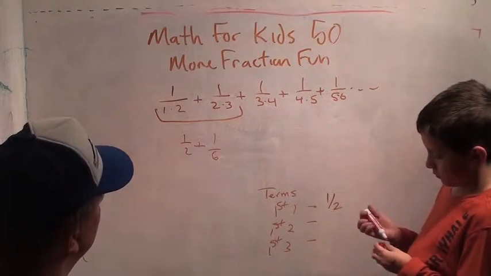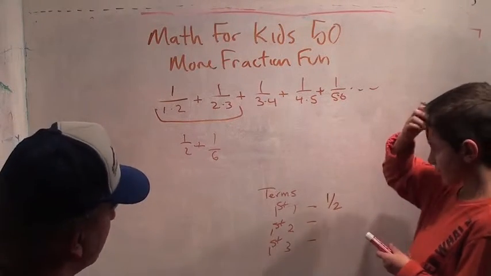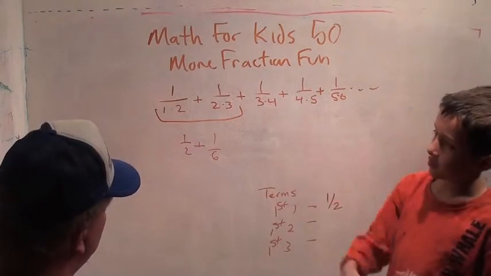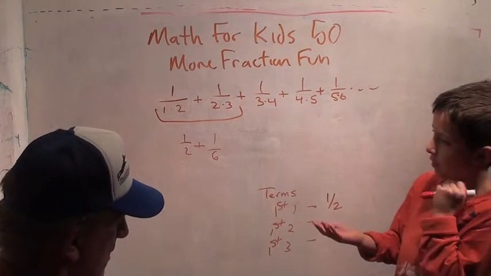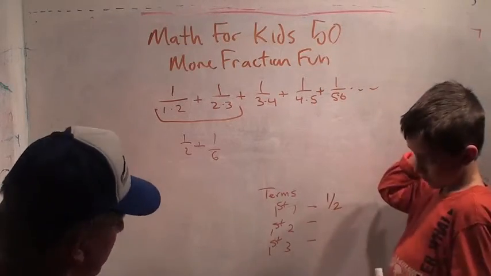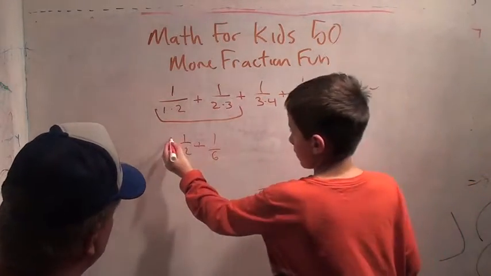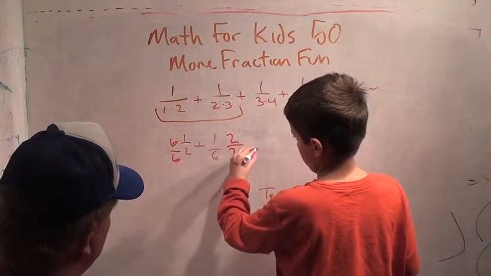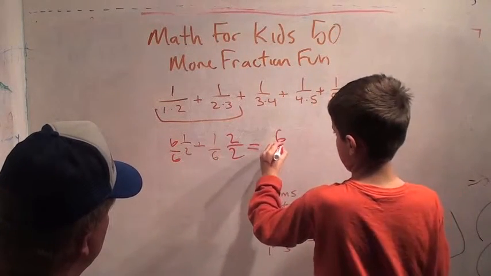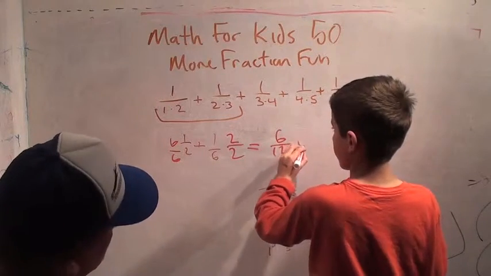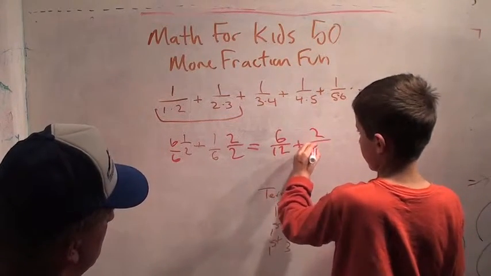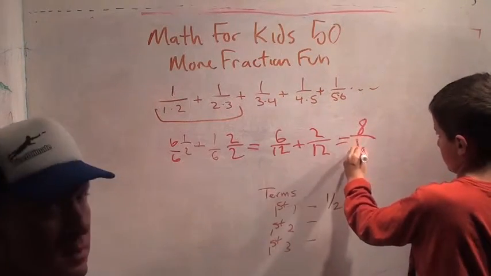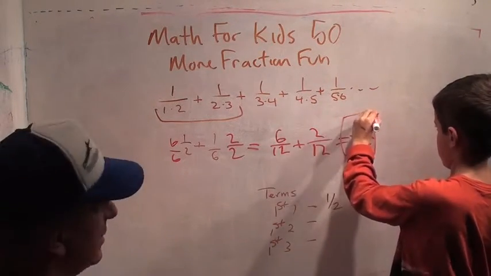How do you add 1/2 plus 1/6? Well, you get the denominators the same. We talked about this in our previous video. This becomes 6 twelfths plus 2 twelfths, which is 8 twelfths.